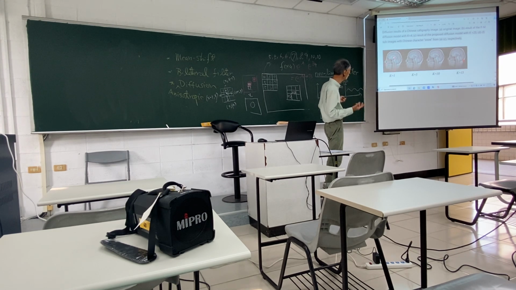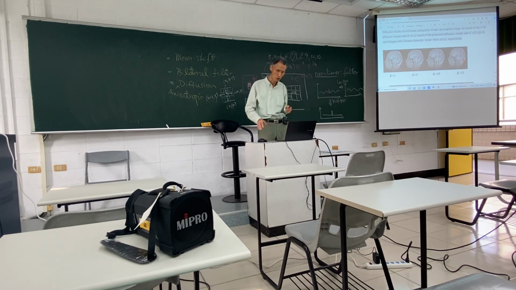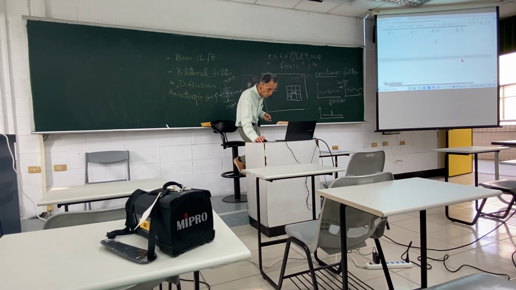This is K equal to 1. This is K equal to 5. So when K is very large, it might over-smooth the details, so it depends on your purpose for this application.